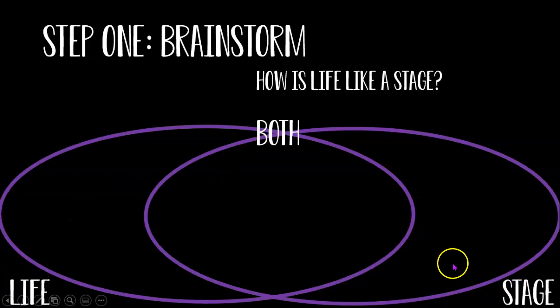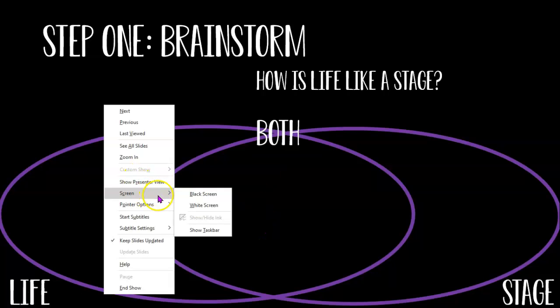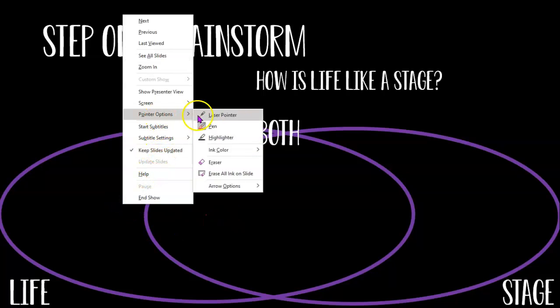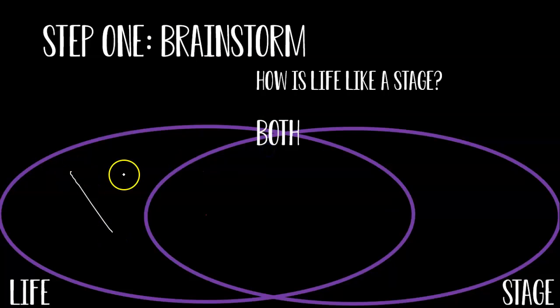What do life and a stage have in common? We're not interested in this side of the Venn diagram. We don't care how they're different. We only want to think about how life and a stage are similar.